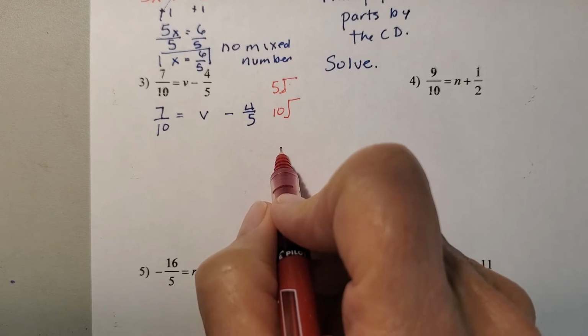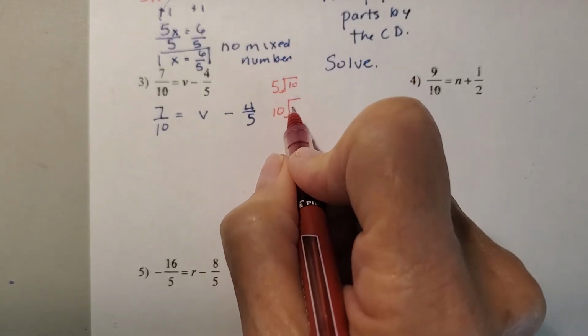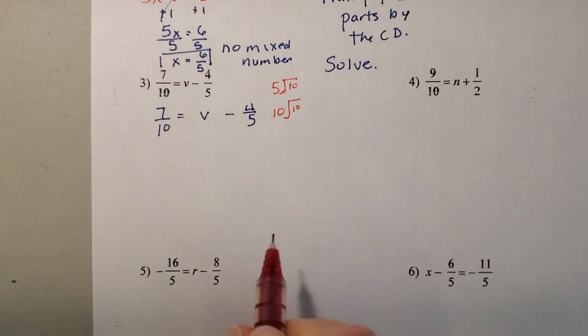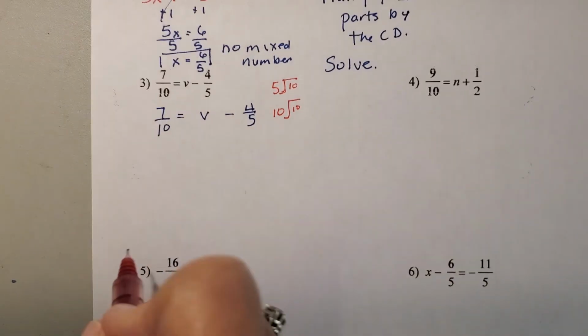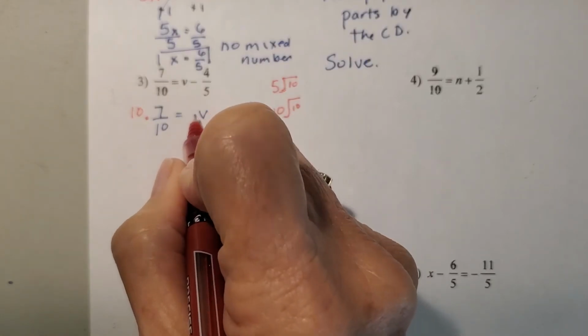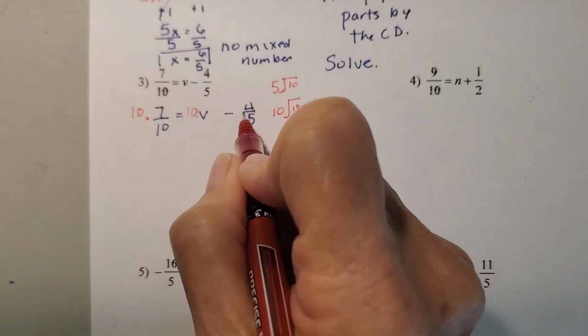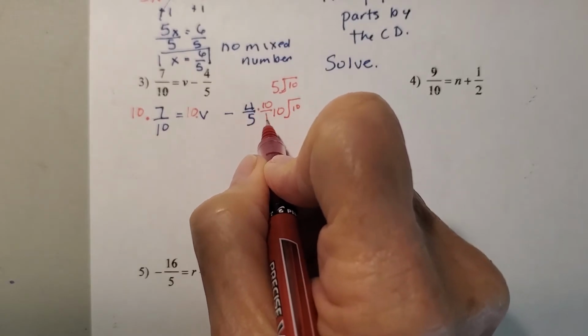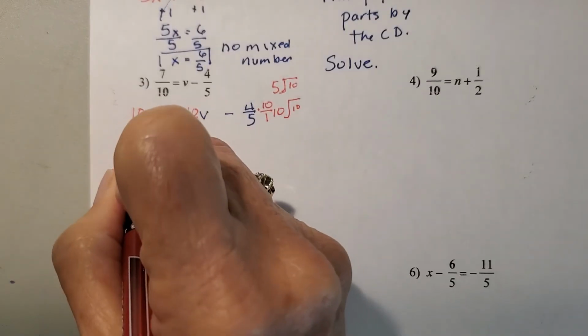What's the smallest number? And that would be 10. 5 goes into 10, 10 goes into 10. So 10's the common denominator, so we're going to multiply each piece by 10. I'll write 10 over 1 by the fraction.